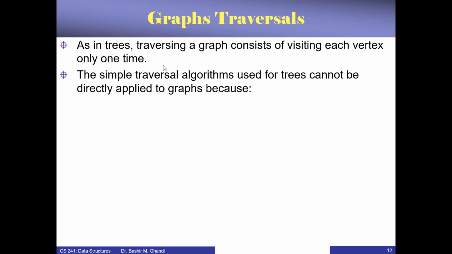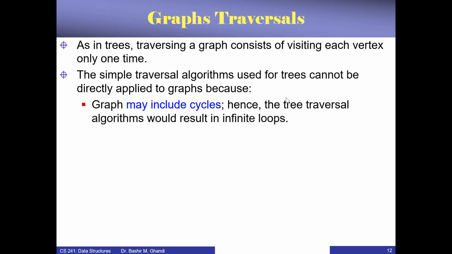Now, however, the simple traversal algorithms that we use in trees cannot be applied directly to graphs because of two problems. We have to do some modification for us to be able to apply them to graphs. The two problems are: one, graph may include cycles. If you recall, in tree we start from the root and then we keep going.